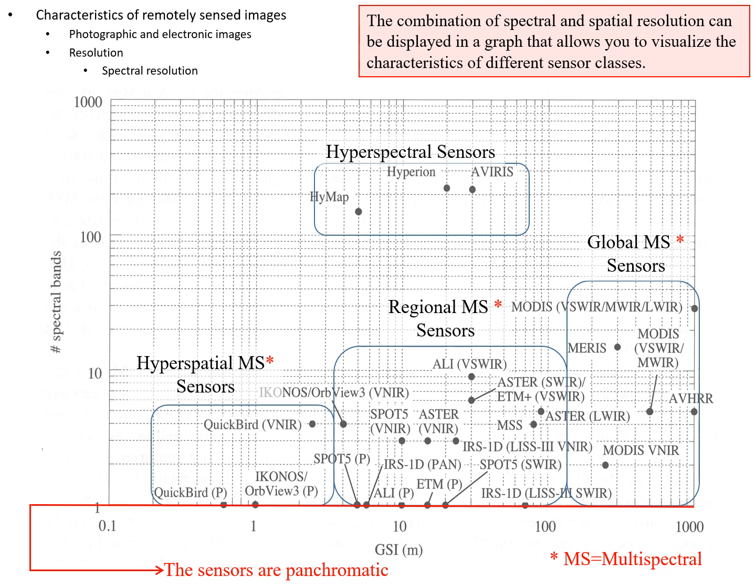Each one of those dots is a sensor. It can also be, for instance, a subset. So panchromatic bands are, for instance, plotted for the same sensor as well as the visible and near infrared bands. So when you have a sensor that has more than one resolution, it's actually plotted in 2 places.